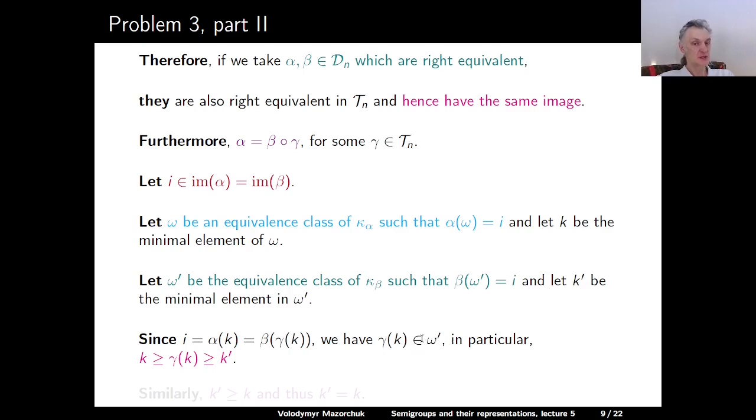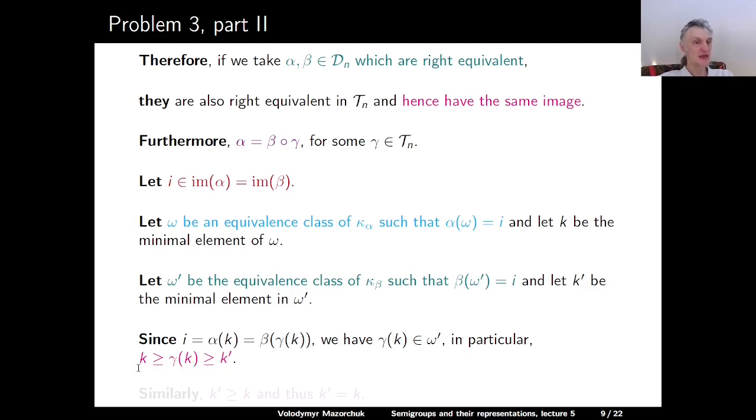So in particular, k should be greater than or equal to gamma of k because gamma is an element in Dn, not Tn but Dn. And gamma of k belongs to omega prime, and omega prime has k prime as a minimal element, so gamma of k is greater than or equal to k prime.